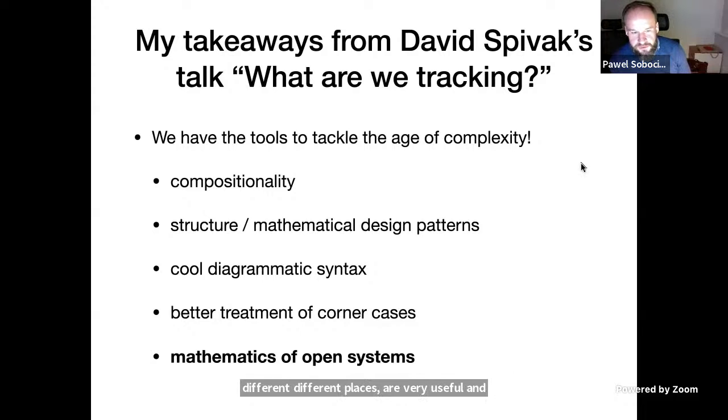We often end up giving a much better treatment of corner cases. And I think a lot of the research in ACT is about developing the mathematics of open systems. So I hope that you'll take away from this talk that this is a nice example of this kind of thing.